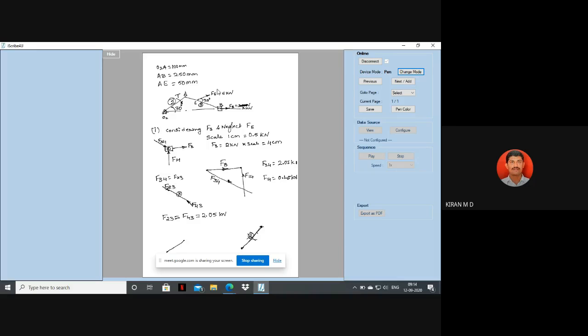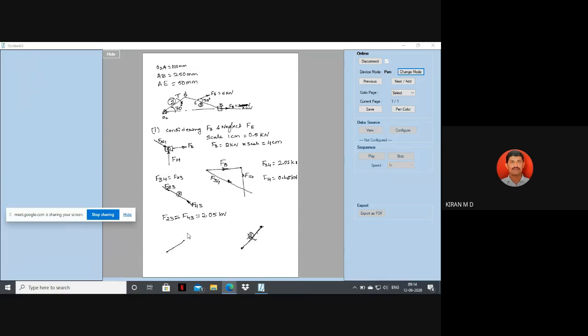This is the direction of this force 23. 23 is equal to 32, correct? Yes, sir. Same angle but opposite direction. See here also F3 and F43 are at the same angle, but the direction is opposite. It is toward downward, it is towards upward, means towards the link.